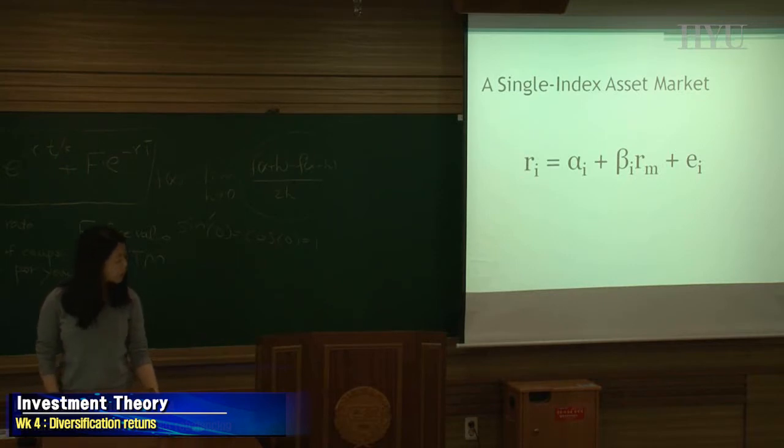Therefore, as you can see in the equation, beta times RM, that's in the middle, represents the stock's return due to the movement of the market modified by the stock's beta, while e represents the unsystematic risk of the security due to firm-specific factors.